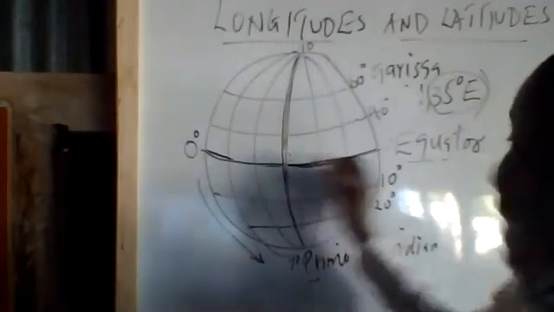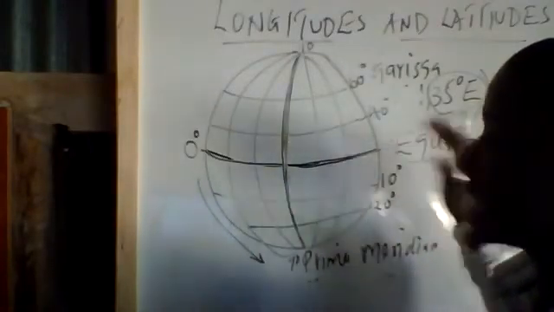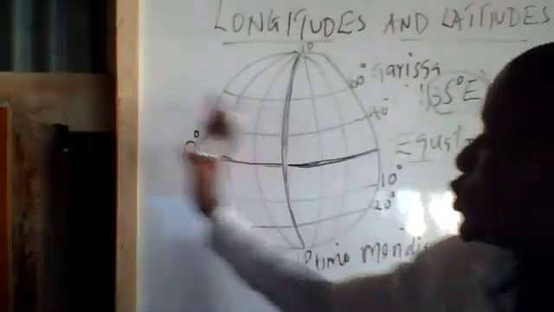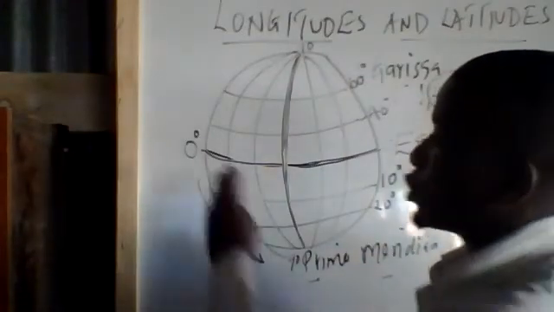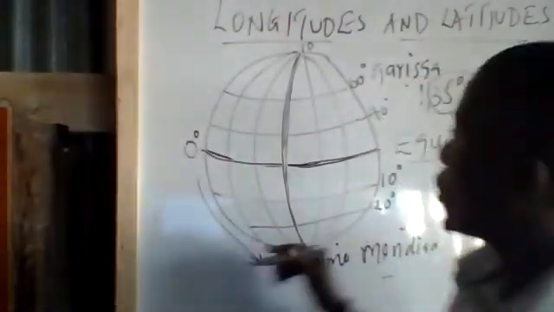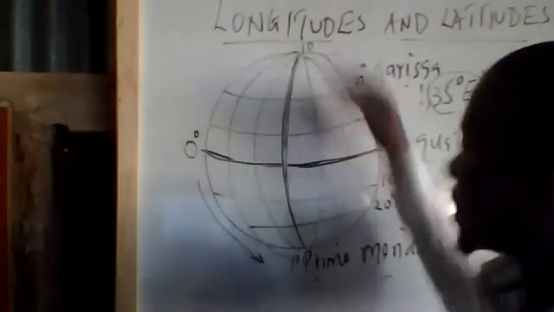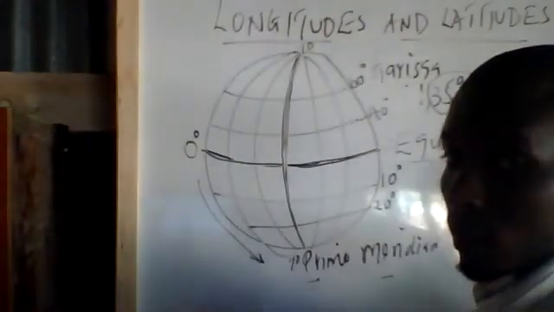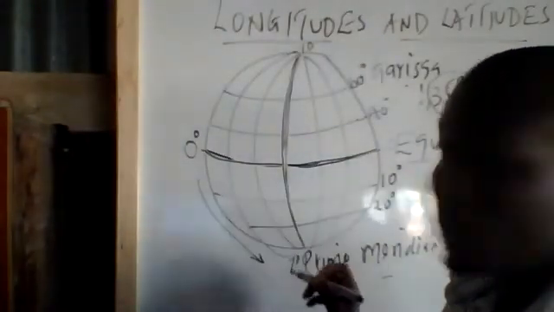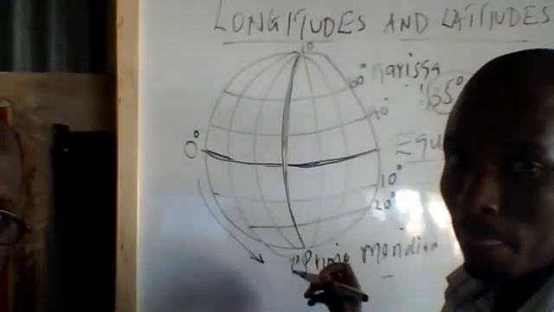So towards the right, we call it towards the east, and to your left is called towards the west. Therefore, we also increase those degrees as we move.